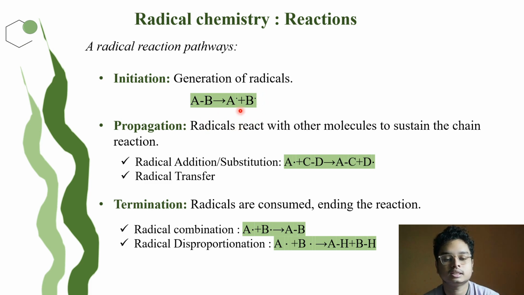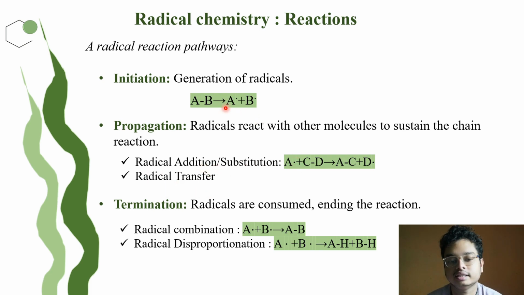Now, this generated radical can react with another molecule, especially another spin-paired molecule, to sustain the chain reaction. This chain reaction can proceed by two different pathways: radical addition and radical transfer.